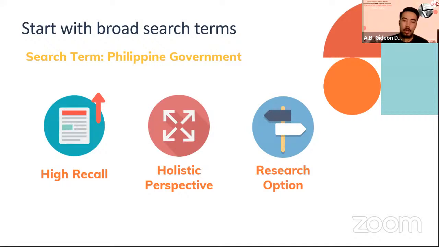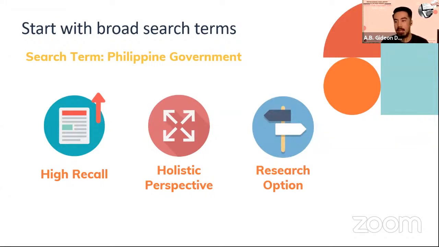That's why you're going to have a high recall. That in itself is already a problem, because where would you start if you have 100,000 results? However, it would give you a holistic perspective on various matters, subjects or topics within the Philippine government. So you have a general idea.